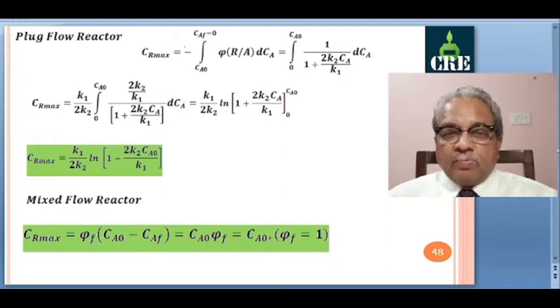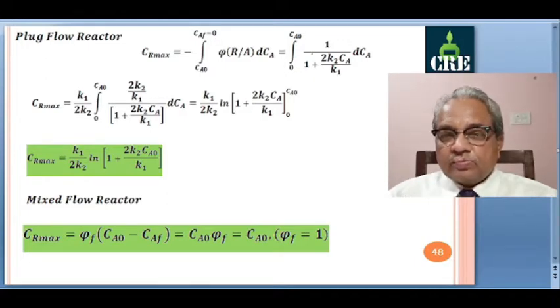We have this Cr max. This we know, the term 1 upon 1 plus 2 K2 Ca by K1. The model tells us that Cr max is the integral from Ca0 to Ca final with a minus sign. If I make this sign plus, I will reverse the order. Now here Ca0 to Ca final is 0, so I am writing now 0 to Ca0.